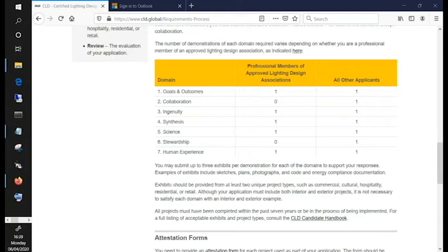So we've seen it all, and like Peter said, there's no project too small as long as it shows competence and ingenuity, science, all of those things that the domains of practice show. So we haven't quite got down as far as the jewelry display cabinet or a museum yet, but hey, here's hoping. Maybe one day.